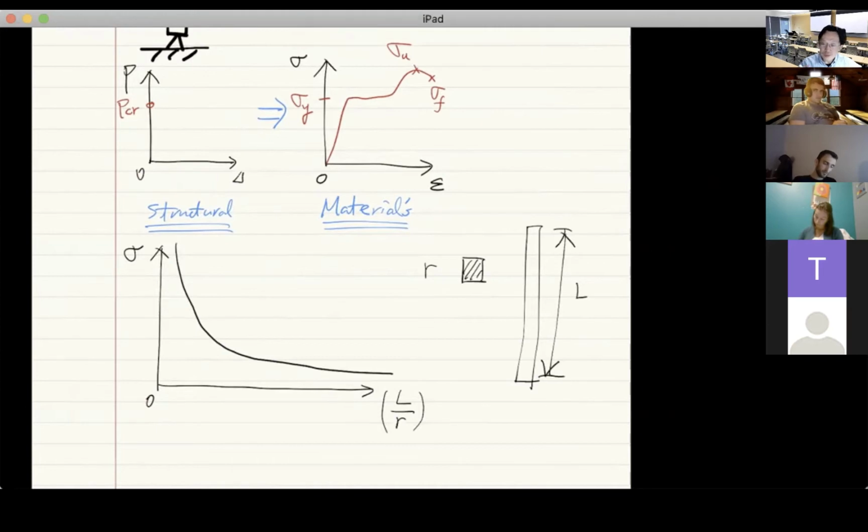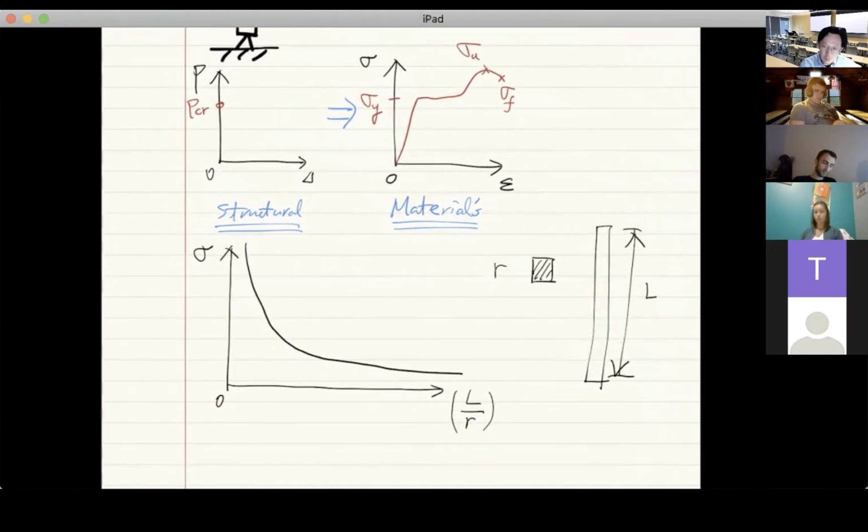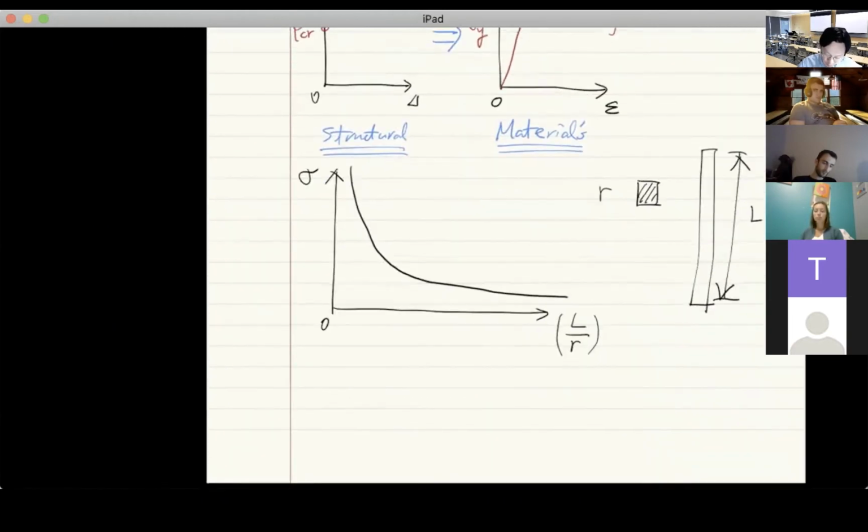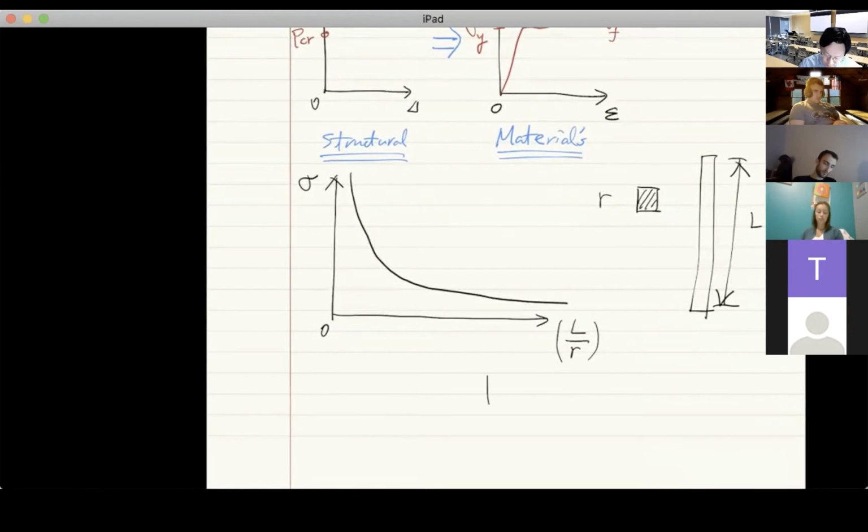However, if I preserve the same cross-section, but make the length of the column very short, that would reduce the value of L over R. Don't you think, right? Therefore, when L over R becomes very small, that corresponds to what we call short columns. So here, in this region, somewhere here, this is what we call long columns.